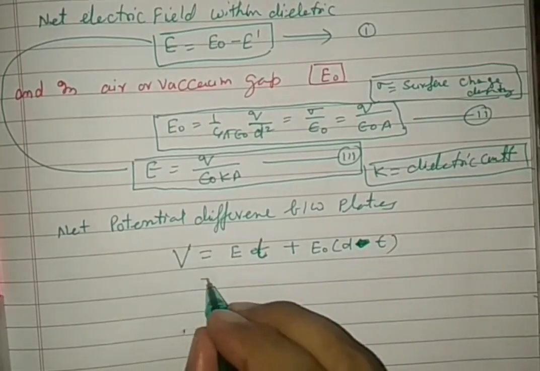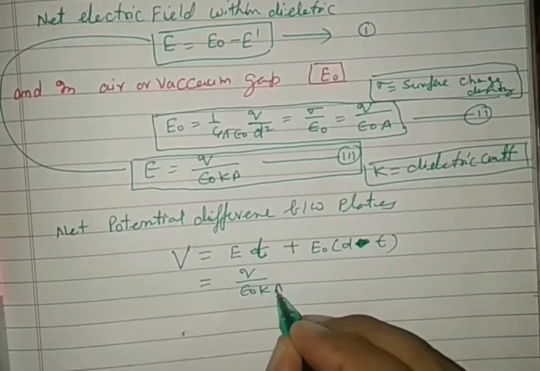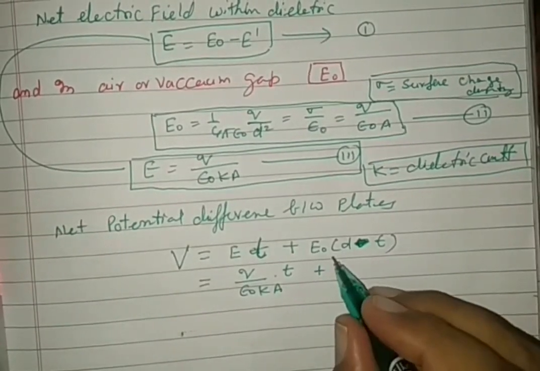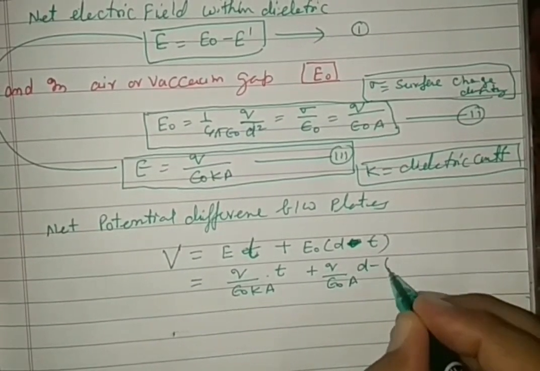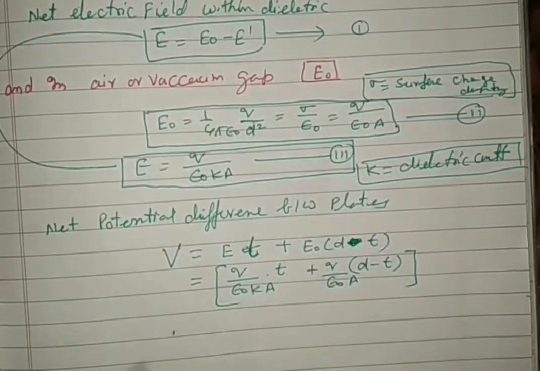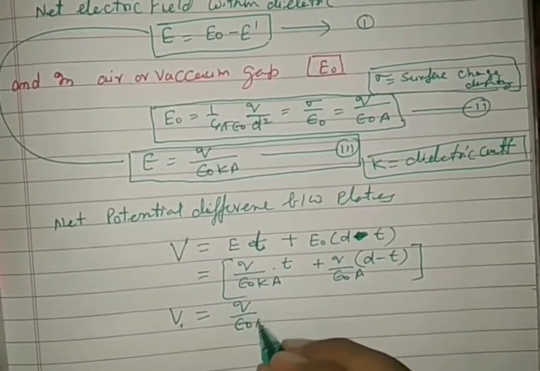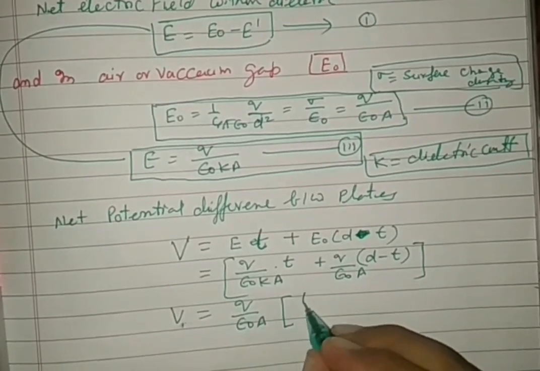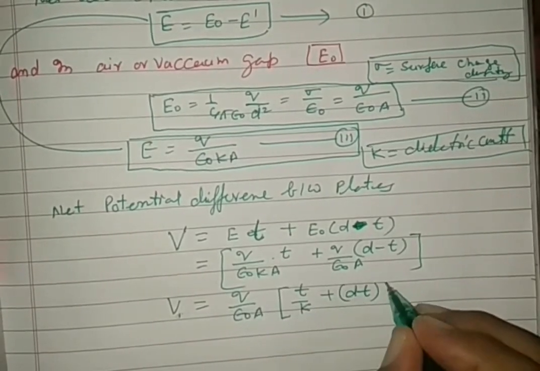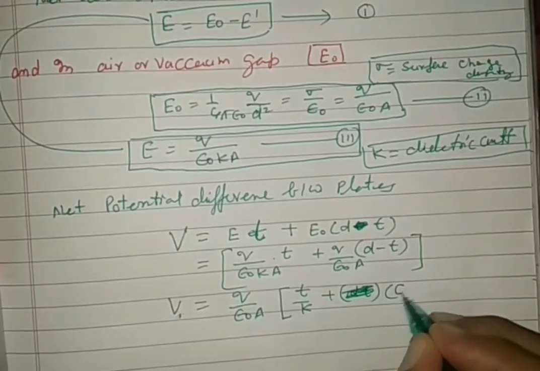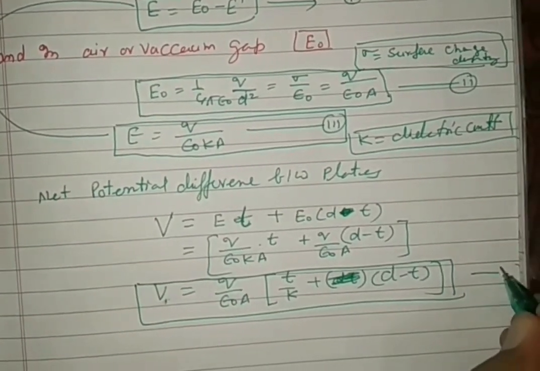Clear? Now we are going to place the values of E and E naught. E is Q by epsilon 0 K A into T, plus E naught is equal to Q by epsilon 0 A into D minus T. Now see carefully, V is equal to Q by epsilon 0 A, in the bracket T by K plus D minus T. We are going to represent it by equation number 4.